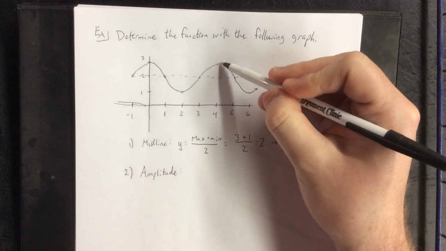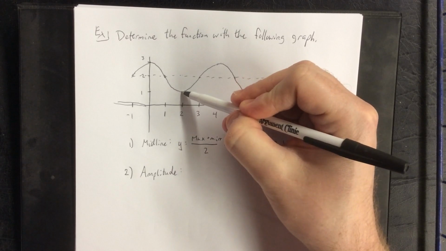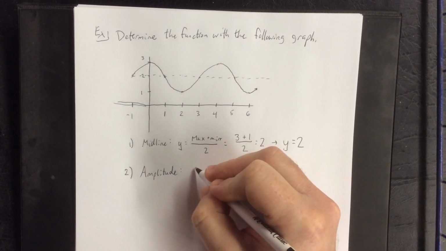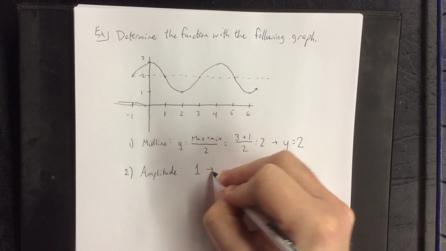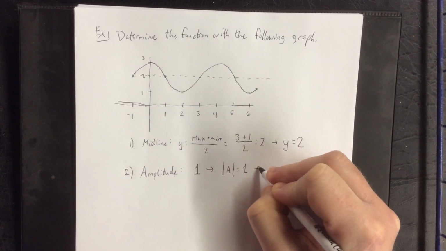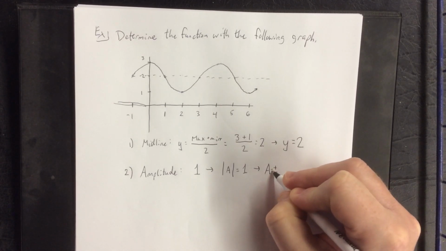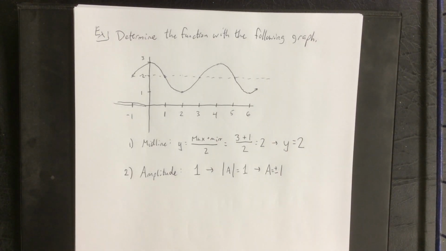So midline to maximum would be 3 minus 2, or midline to minimum would be 2 minus 1. And in either case, we're getting an amplitude of 1, which lets us know that the absolute value of a is equal to 1, which lets us know that a will be either positive or negative 1. We'll determine which one in just a moment.